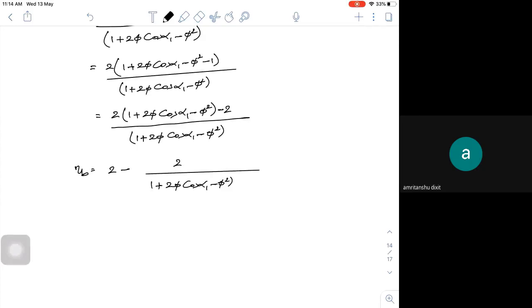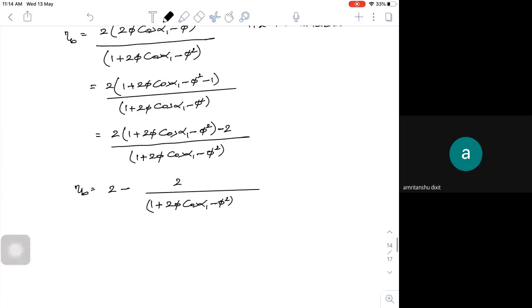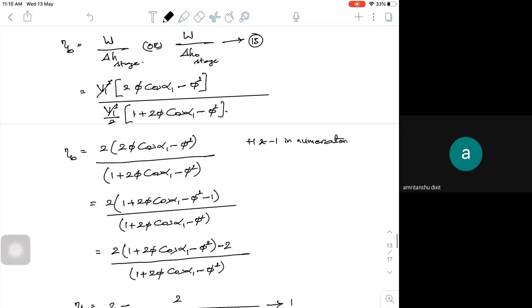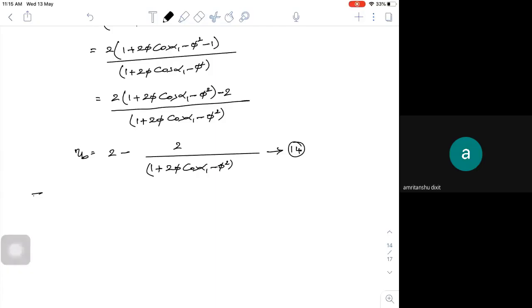So this is the expression for your blade efficiency. We call this equation number 14. Now if you look at this, for any given alpha, it is flow angle.